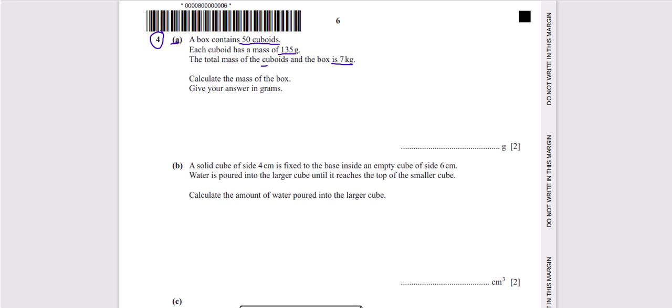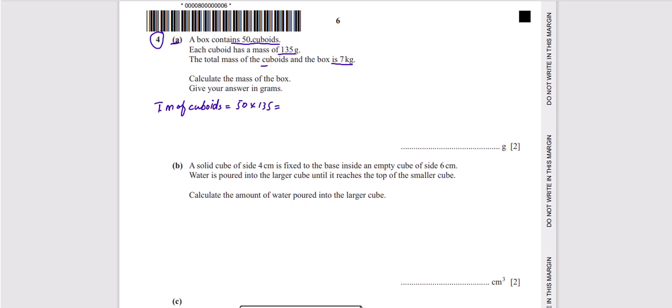Now first of all we calculate the total mass of the cuboids. Total mass of cuboids: how many cuboids? 50 multiply with mass, mass is 135.